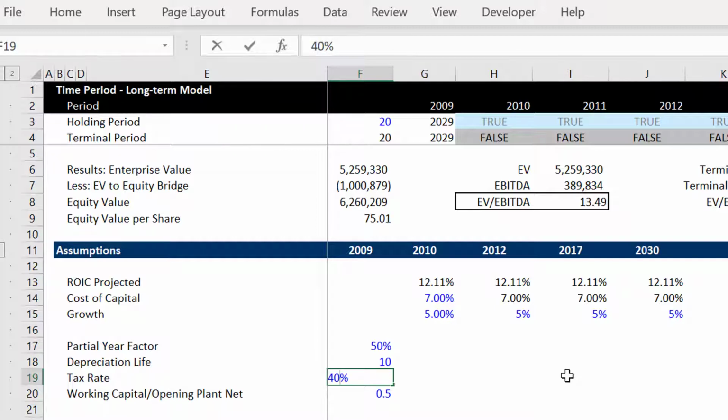If we're comparing things in historic EV to EBITDA ratios, you can't compare those without understanding what the tax rate is.